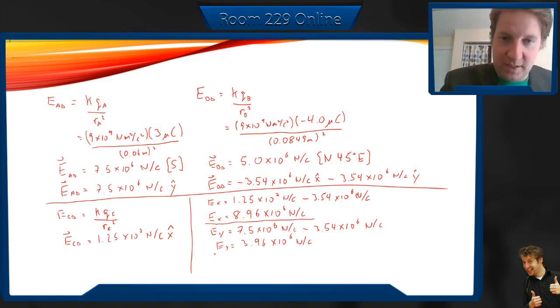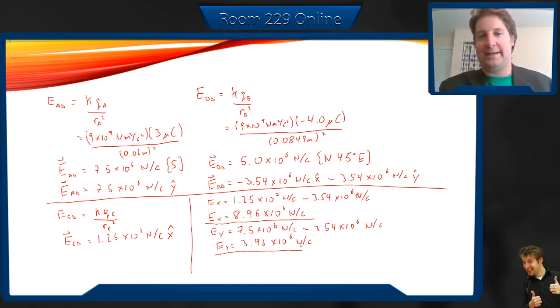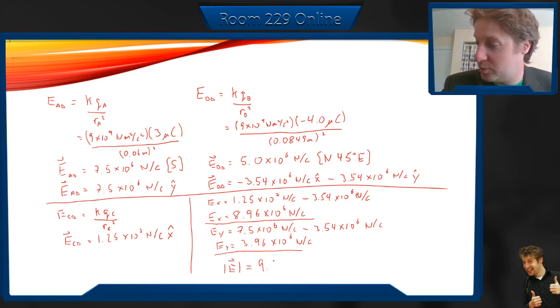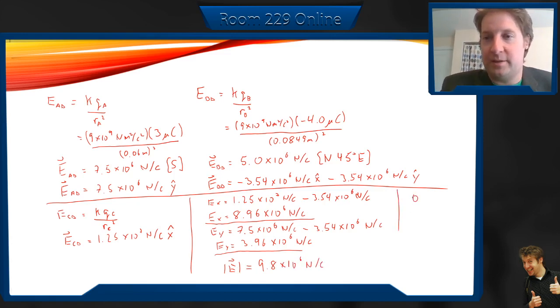Okay, so I have an Ex and an Ey. I can now use the Pythagorean theorem to find my total. So the magnitude: I'll square those, add them up, take the square root, and I end up with 9.8 times 10 to the 6 newtons per coulomb. And my angle will be inverse tan. I'm sorry, I don't have very much room here. Of 3.96 over 8.96. Can you see that?